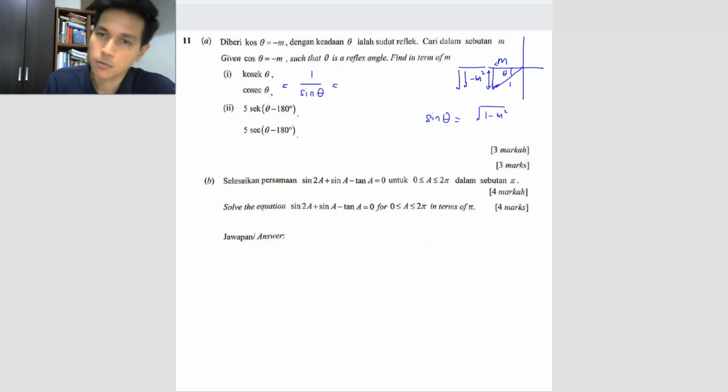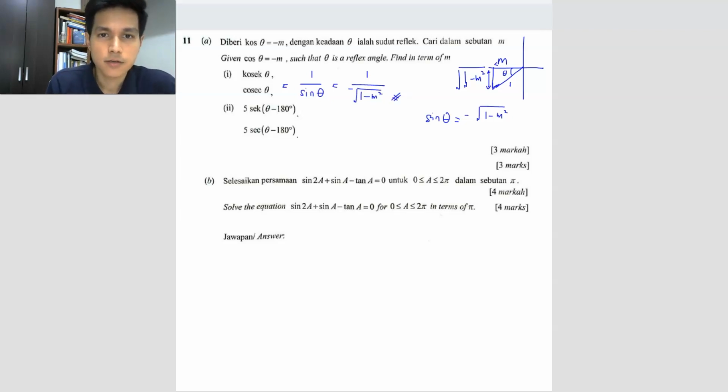So I need to write over 1, it's the same thing. But don't forget one thing. This is in the third quadrant, so the sine value will be negative. So your answer should be negative. So here should be 1 over negative square root of 1 minus m squared. This is your answer.